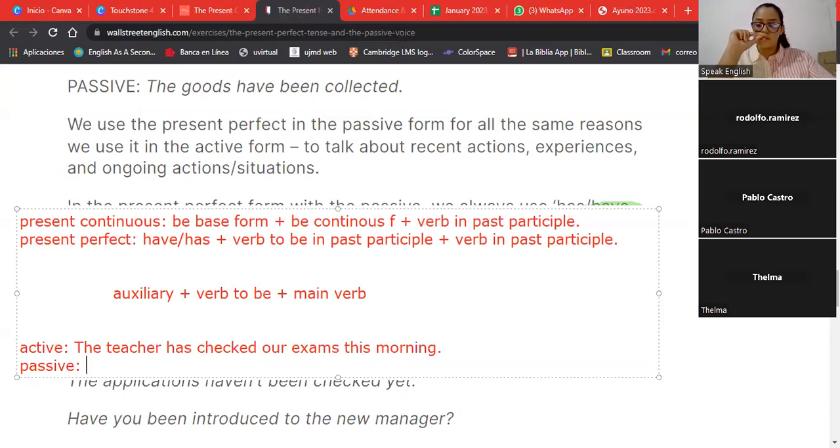Our exams has checked. Are you sure? Look at this. Has, verb to be past participle, verb in the past participle. Has been checked. Okay. Can you spell for me been, please? B-E-E-N. Very good.